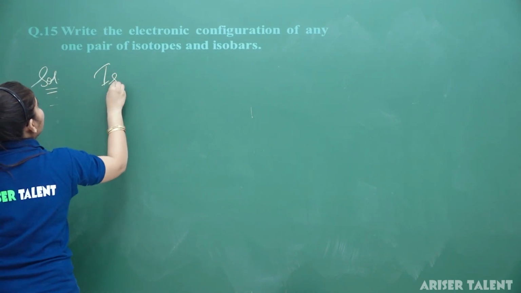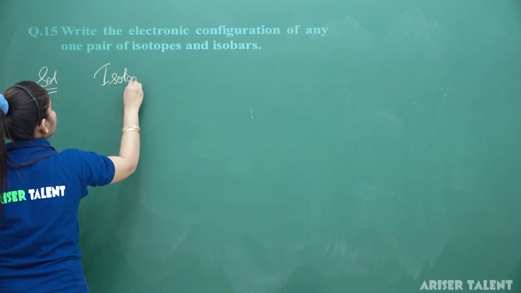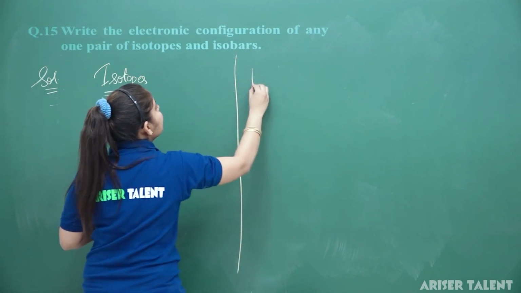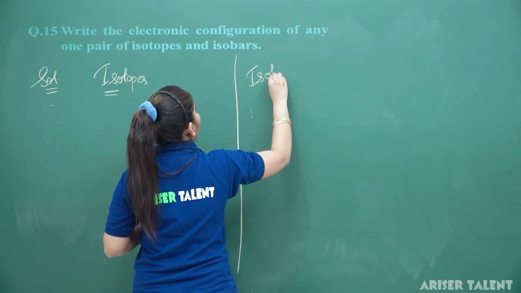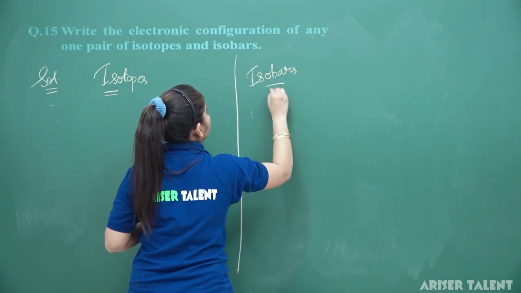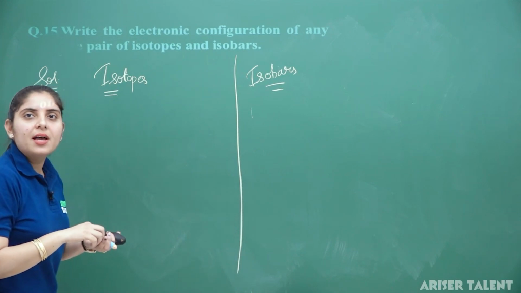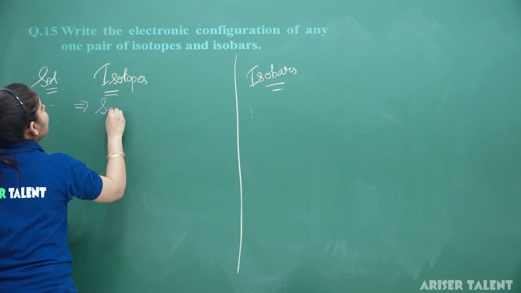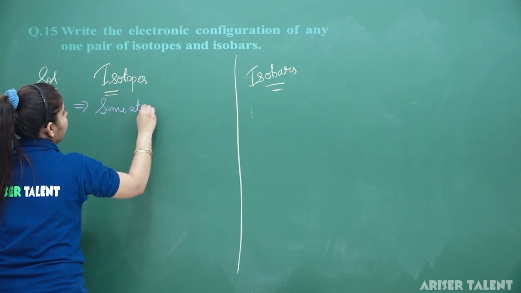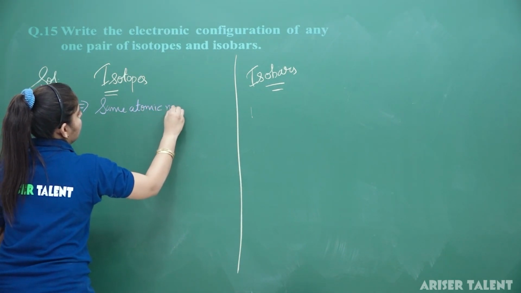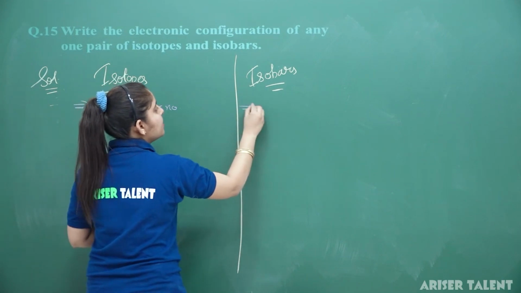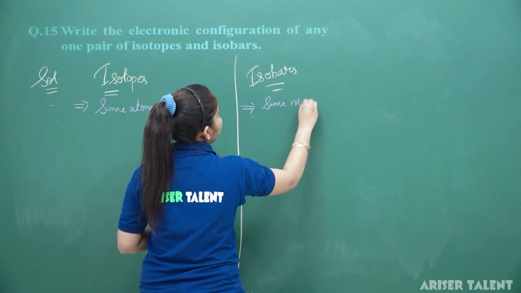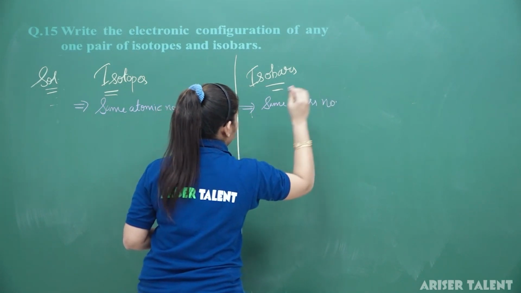So firstly, we will consider isotopes, and in our next category, we are going to consider isobars. We know that isotopes are something which have same atomic number. And what is isobars? Isobars are the elements having the same atomic mass, or we may say that they are having the same mass number.